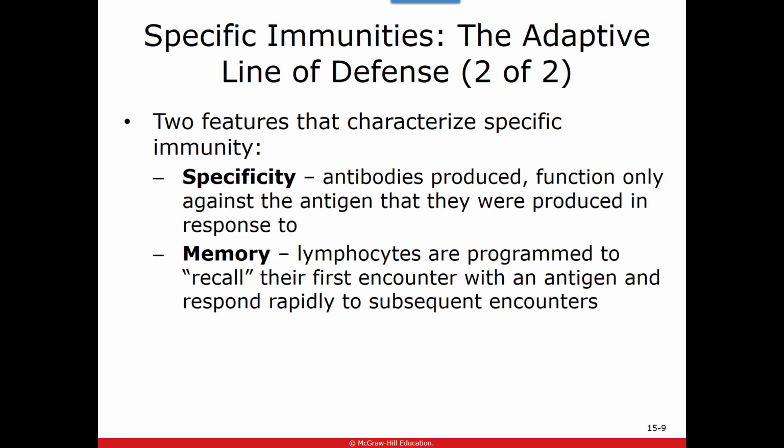The fact that we can recognize specific invaders, and produce very specific antibodies to recognize those invaders in the future, allows us to now have memory against invaders. So if we'd ever encounter them again, our immune system knows how to get rid of them very, very quickly. In theory, you wouldn't contract whatever disease that antigen might cause.